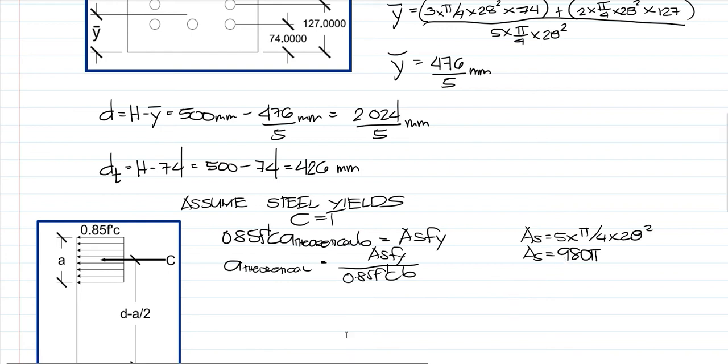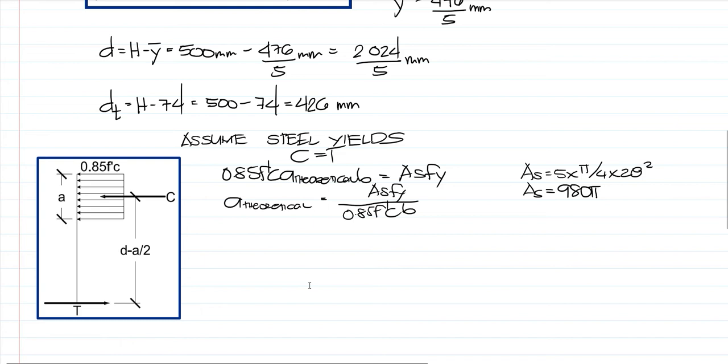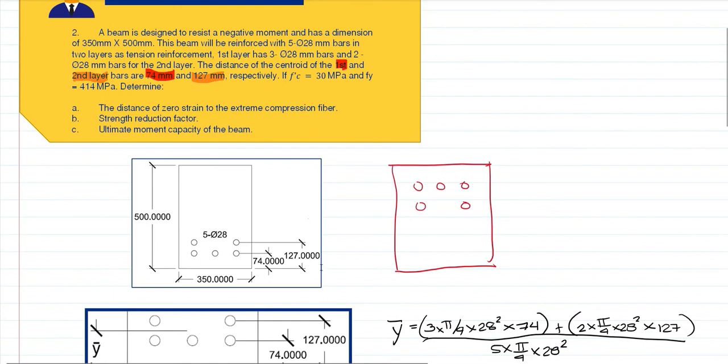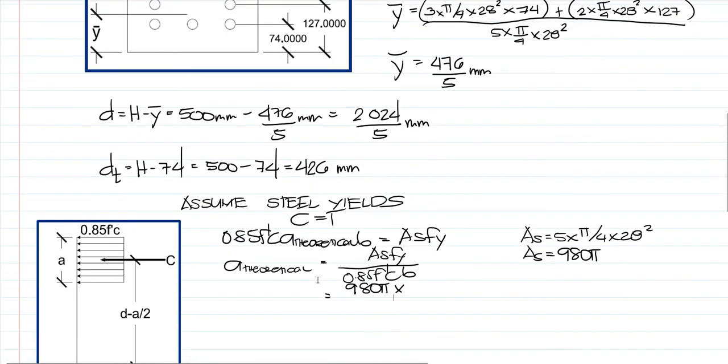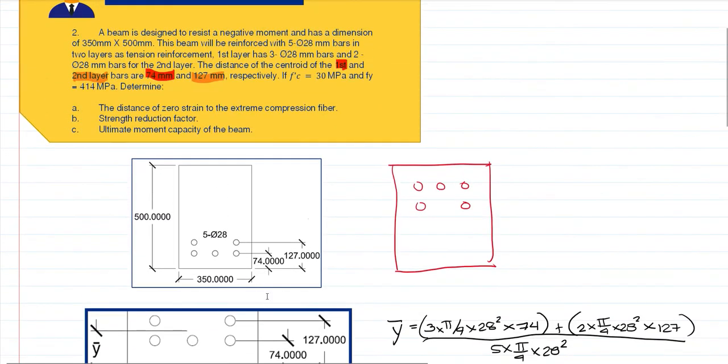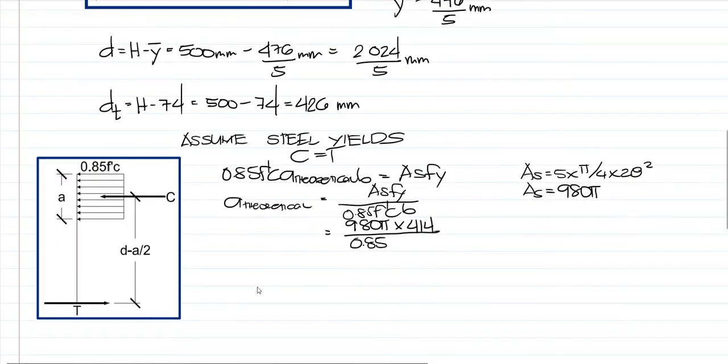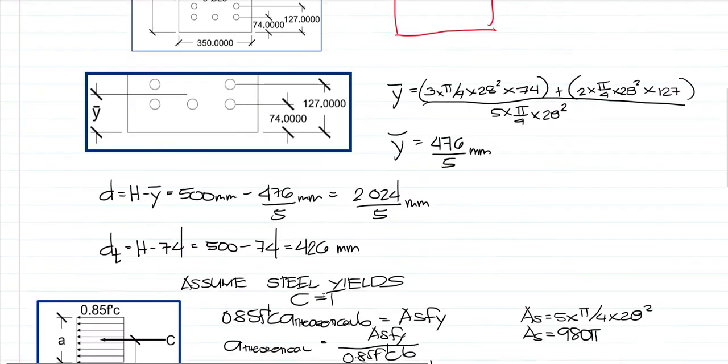So since meron na tayong AS, we can compute the value of our A theoretical. So that is equivalent to, si AS natin is 980 pi, then multiplied by the value of our Fy, which is 414, then divided by 0.85 F prime C, which is 30, times 30 times the value of B, which will be 350.